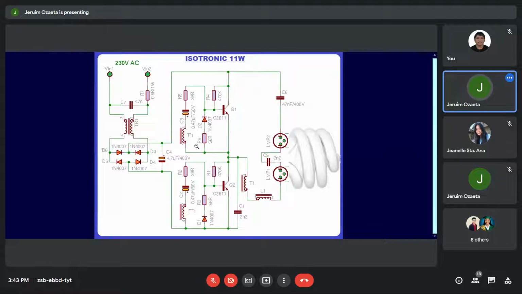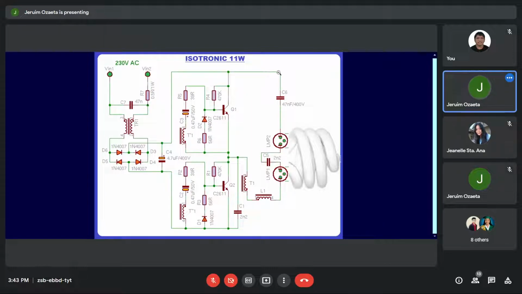Ano nangyari? By the instant that the output is DC, by the time the 220 volts AC is present, this converts into a DC, and this positive DC here initially charges C6. Okay?